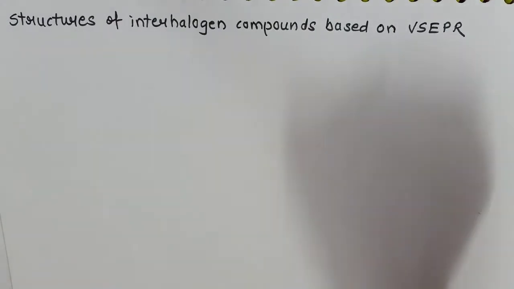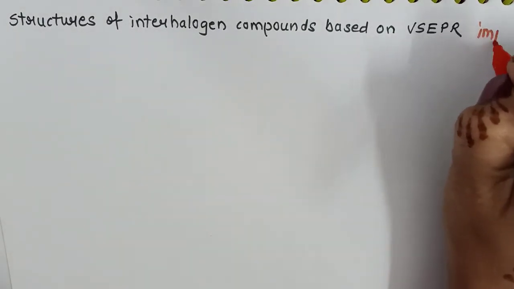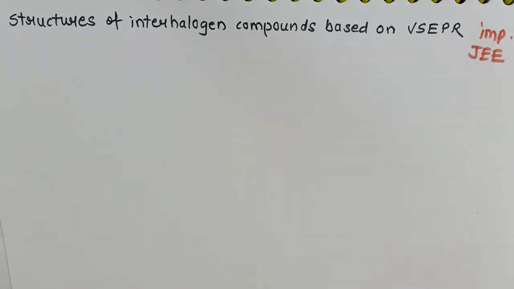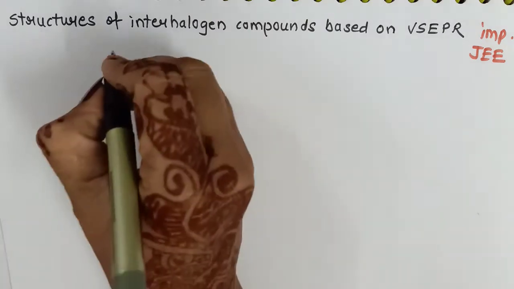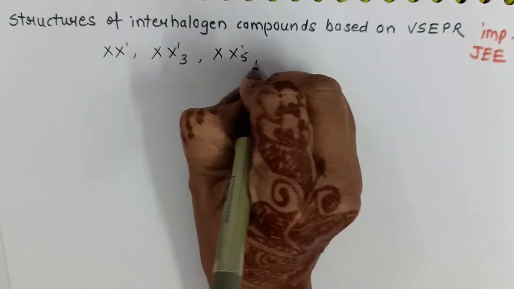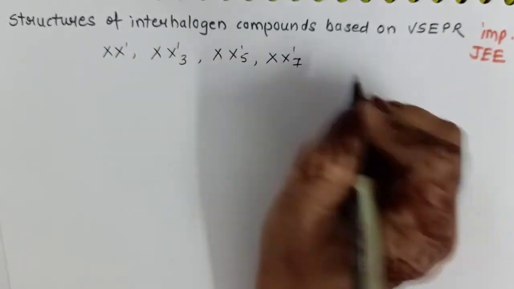Next topic is a topic from which you can expect the question not only in your board exams but in competitive exams like JEE. Structure of interhalogen compounds based on valence shell electron pair repulsion theory. Now we know that interhalogen compounds exist of the type XX', XX'3, XX'5 and XX'7.